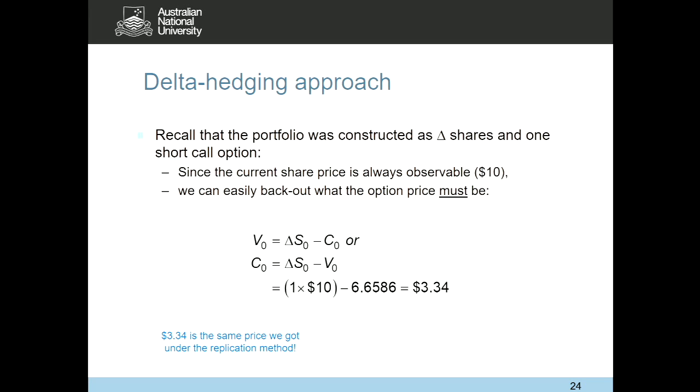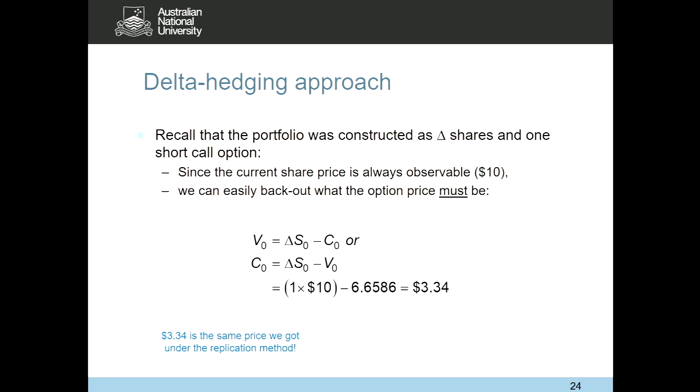Does it make sense? Let me reiterate what we have done here. First of all, we construct a portfolio that is riskless. Then we discount the portfolio value back to the present, and then we take the current share price, we back out the call option price has to be $3.34.